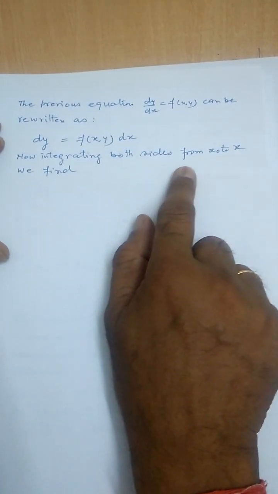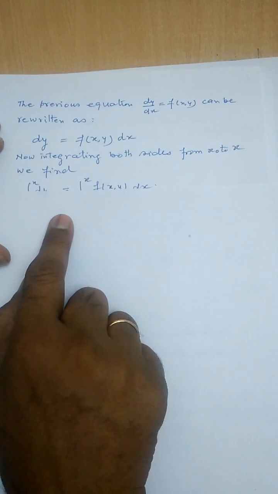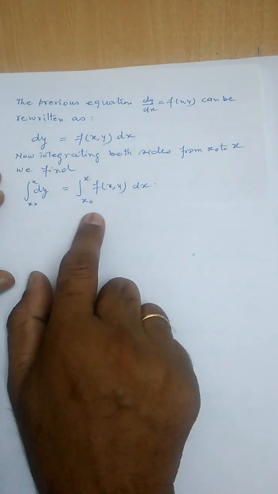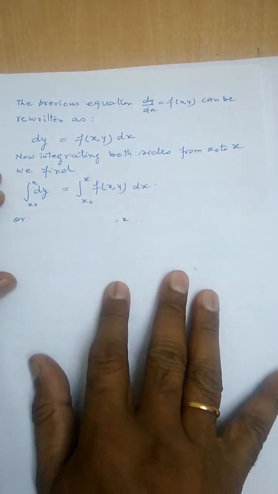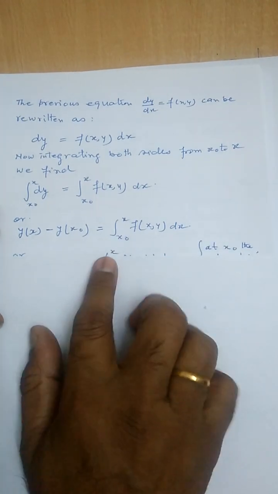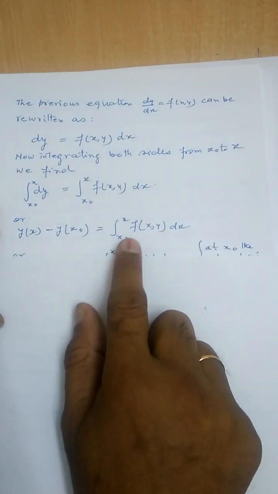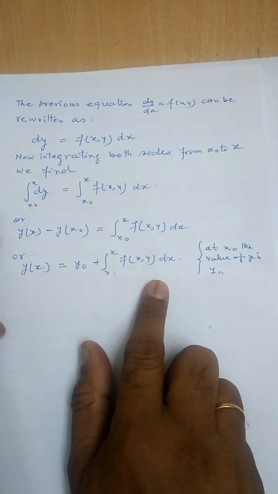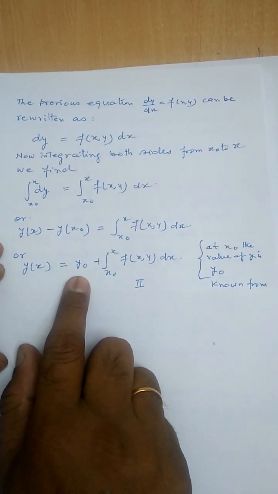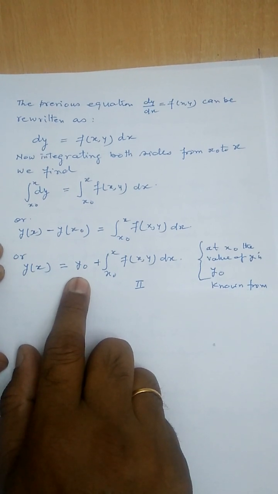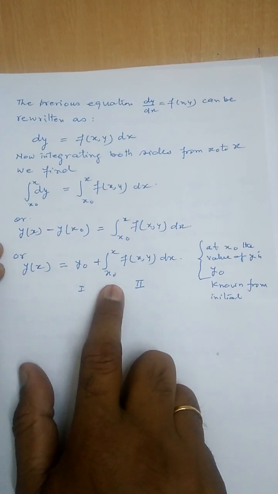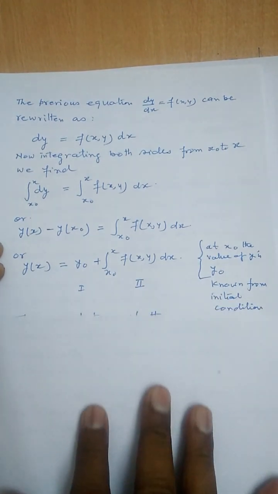Now integrating both sides from x0 to x, we find integration from x0 to x of dy equals integration from x0 to x of f(x, y) dx, or it can be written as y(x) minus y(x0) equals integration from x0 to x of f(x, y) dx, or y(x) is equal to y0, where y0 is the initial value of x, that is the initial condition, plus the second term, the integration from x0 to x of f(x, y) dx.